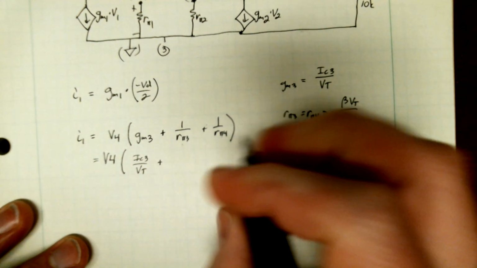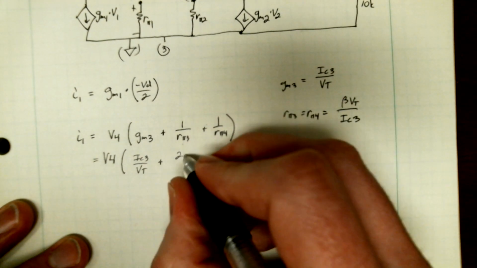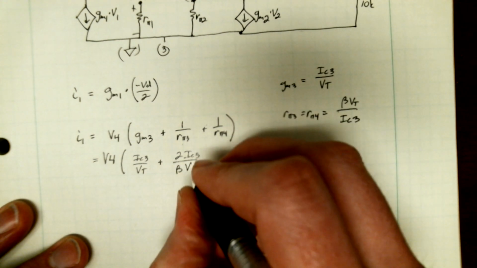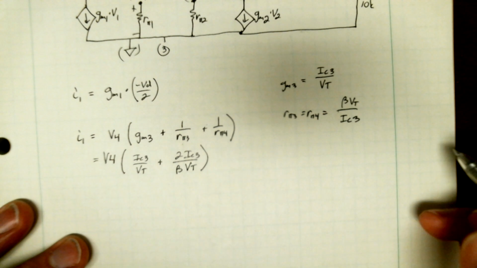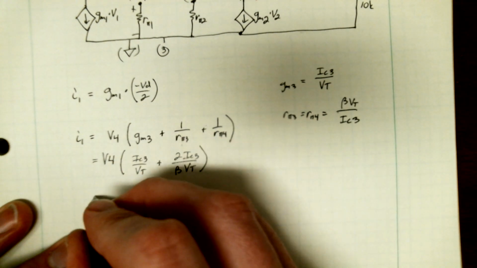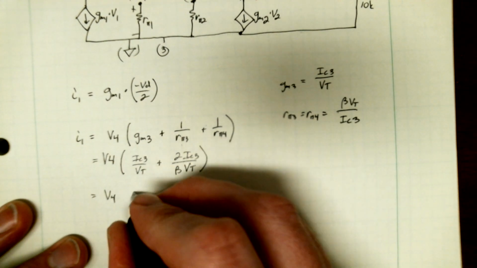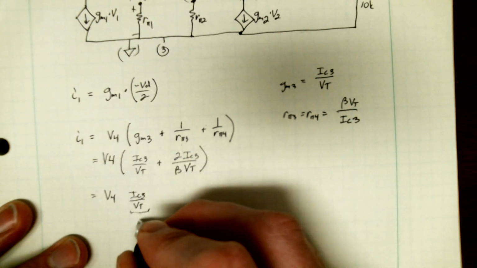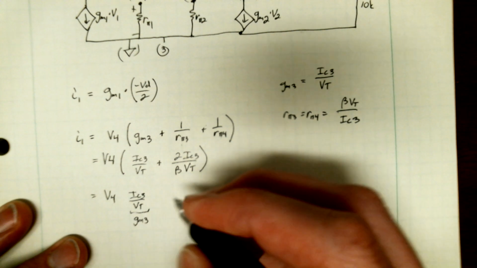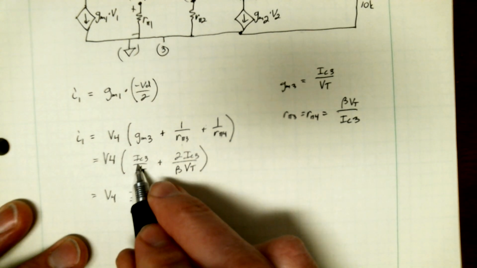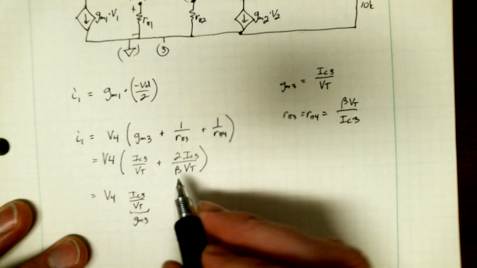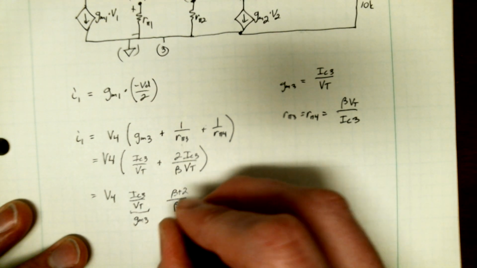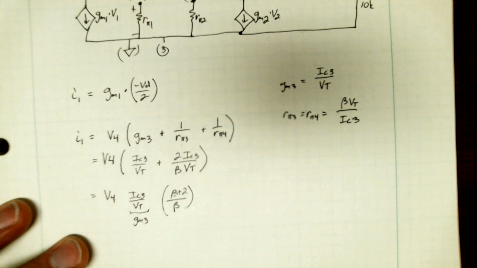We're going to have 2 of these, so we have 2 IC3 over beta VT. If we just take this out, we get V4 IC3 over VT. Remember, that is just GM3. And we're left with 1 plus 2 over beta, which is beta plus 2 over beta. A little algebra in our head.